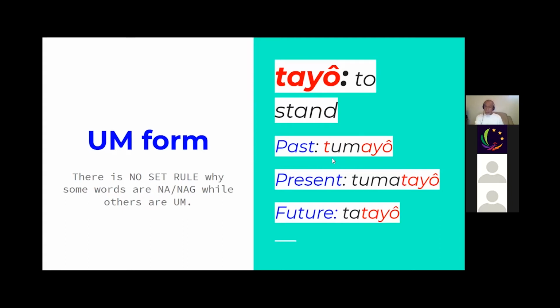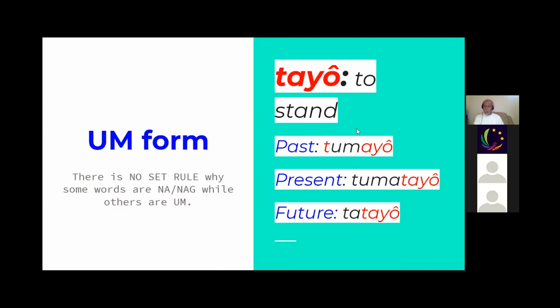Go ahead and read the past, present, and future, Sophie. Tumayo. Tumatayo. Tatayo. Okay. Again, the last syllable is the accent. So, tumayo. Yes. Tumatayo. And tatayo. Yes. Okay.